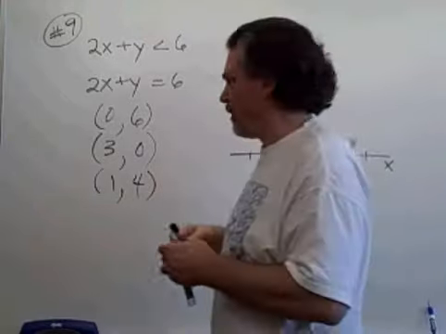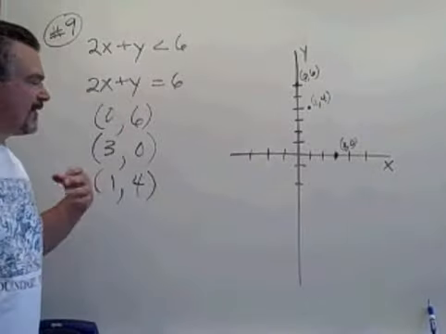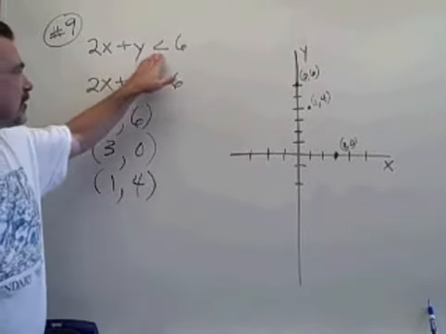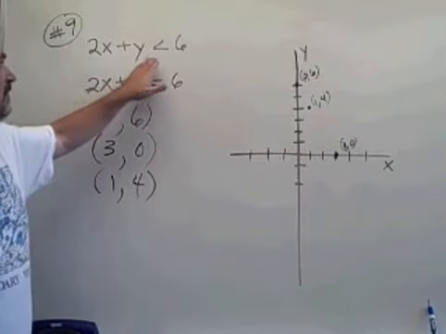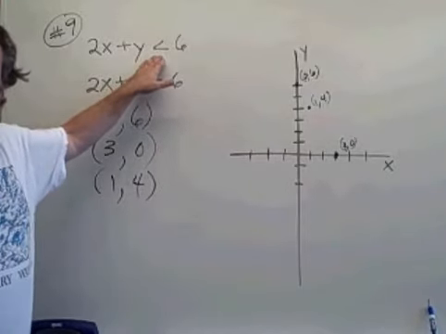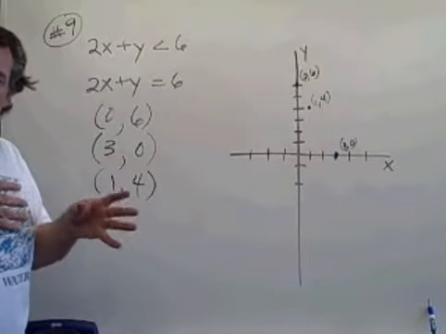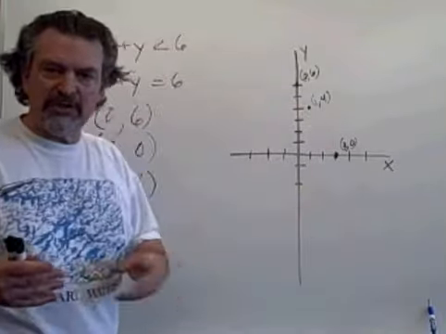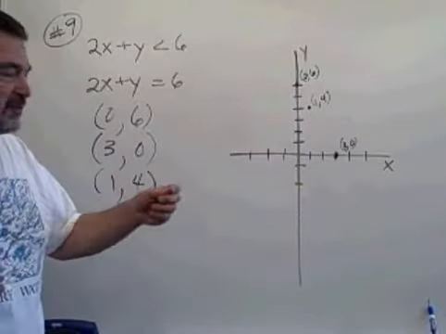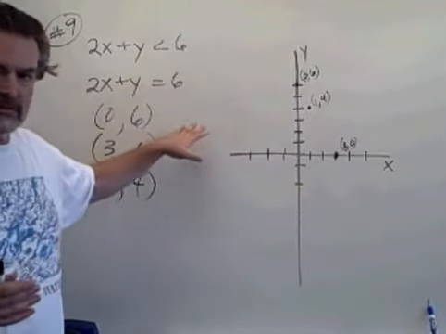And now we need to draw our line. Well, we have to pay careful attention to the inequality so we know what kind of line to draw. If the inequality simply says strictly less than or greater than, then that means the line doesn't work, because the line is the ordered pairs that make it equal to 6.